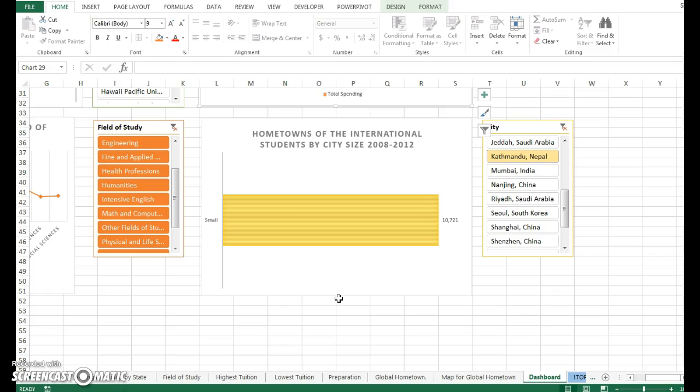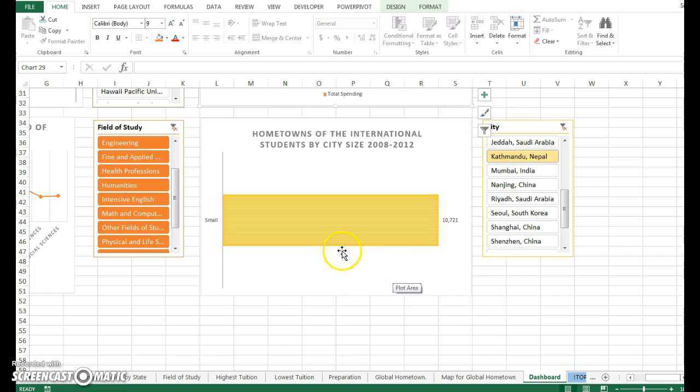Large Asian cities dominate the list of the largest home markets for international students. Beijing, Shanghai, Hyderabad, Seoul, and Riyadh made up the top 5 global cities, each sending about 17,000 to 56,000 students to the United States.